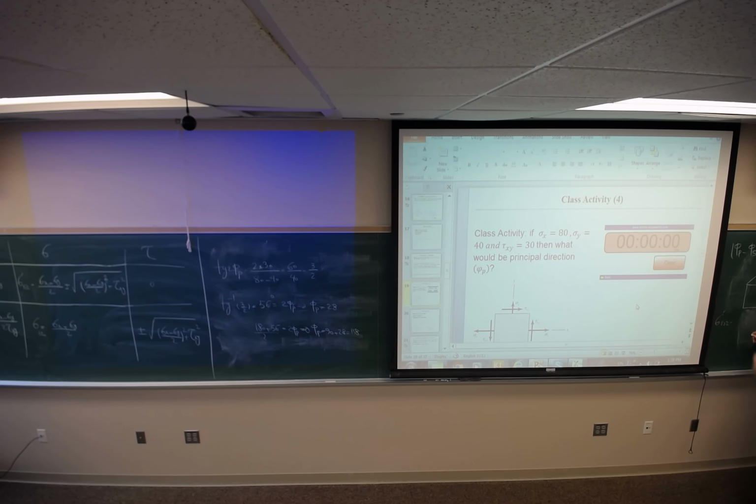Sigma x plus sigma y, 80 plus 40, divided by 2, plus and minus the square root of sigma x minus sigma y, 40, divided by 2 squared, plus tau squared, which is 30 squared. 80 plus 40, 120 divided by 2, 60. 60 plus and minus the square root of 80 minus 40, 40 divided by 2, 20, 20 squared, 400, plus 900 is going to be 60 plus and minus the square root of 1300.